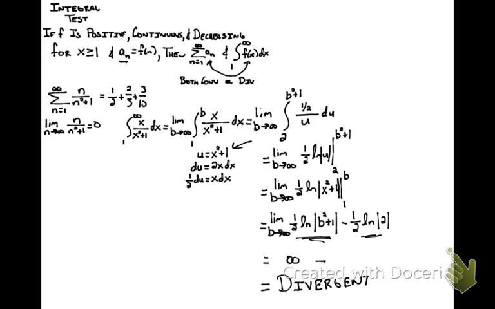Let's try one more example with the integral test. So let's look at the sum of the series from n equals 1 to infinity of 1 over n squared plus 1.